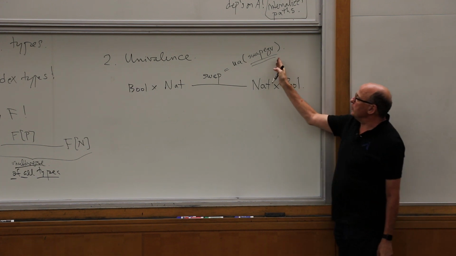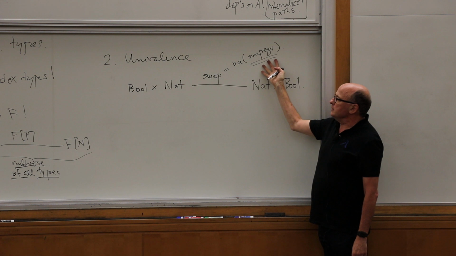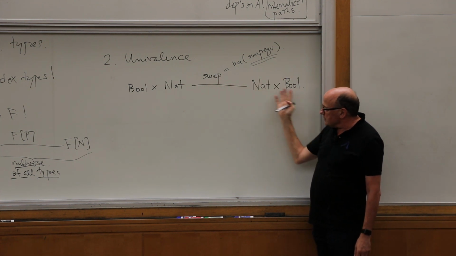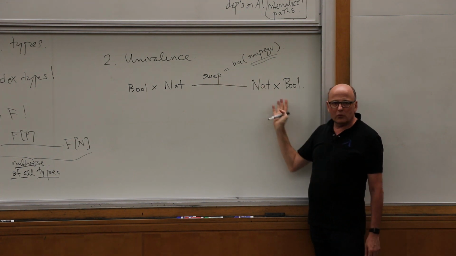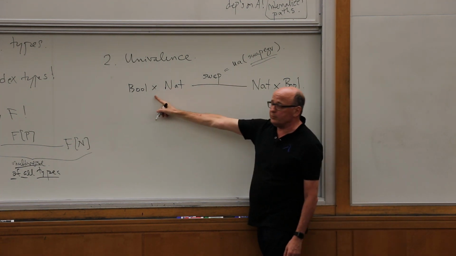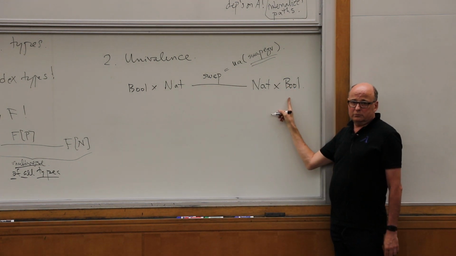So I'm going to suppress it, but I take univalence axiom and I give it the evidence that swap is an equivalence, and then that induces this identification, or this path, which I will call swap. And the idea is that the left endpoint of swap is bool cross nat, and the right endpoint of swap is nat cross bool.